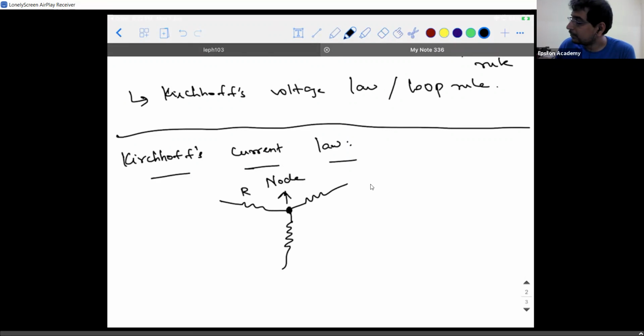If I say the resistance here is R1, here it is R2, and here it is R3, listen to this carefully. R1 is connected across the source in such a way that the current across R1 is towards the junction. Then current across R2 is away from the junction, and current across R3 is also towards the junction.